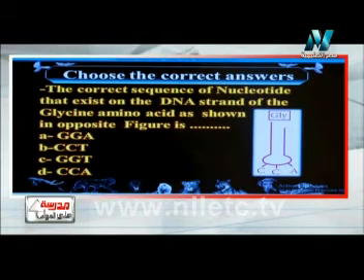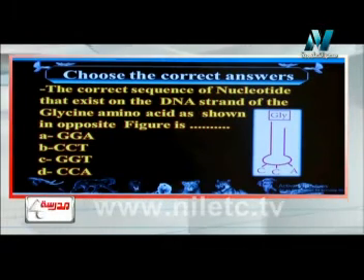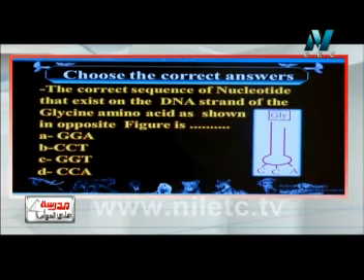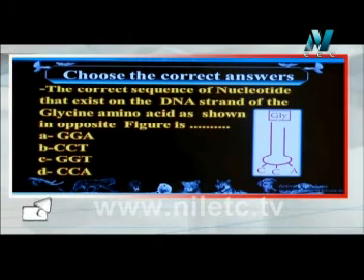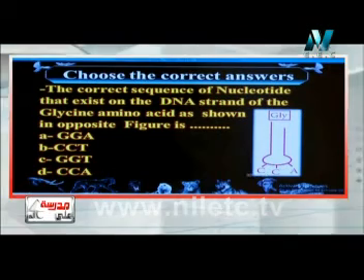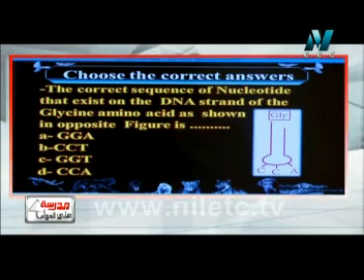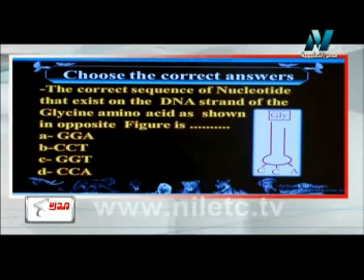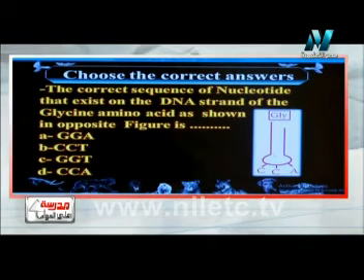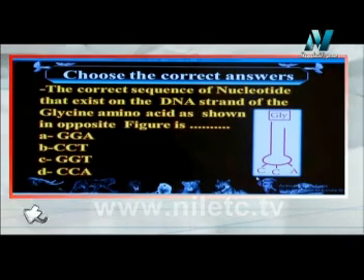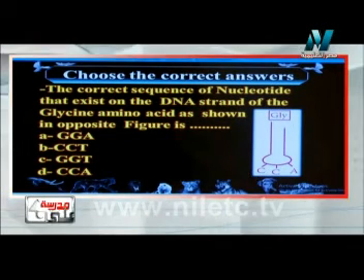This glycine amino acid is attached to the attachment site of the amino acid, CCA, at the 3' end of the tRNA. But the CCA acts as an anticodon, and we remember that the anticodon is the 3 successive nucleotides on tRNA paired with the 3 nucleotides of the codon on the mRNA, which represents the amino acid.